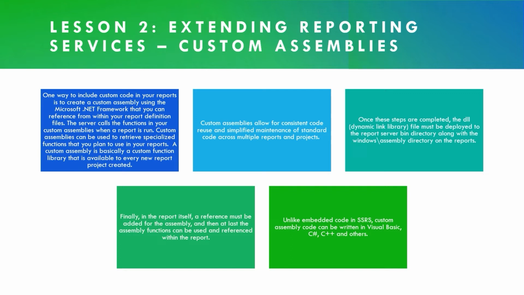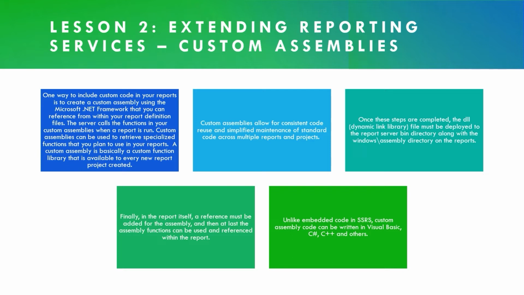Custom assemblies can be used to retrieve specialized functions that you plan to use in multiple reports. It's basically a custom function library that is available to every new report project created. Custom assemblies allow for consistent code reuse and simplified maintenance of standard code across multiple reports and projects.